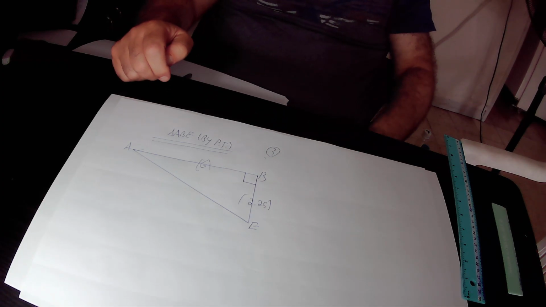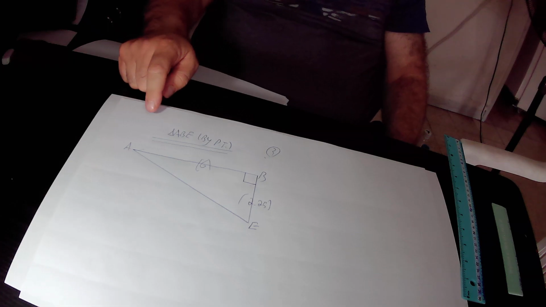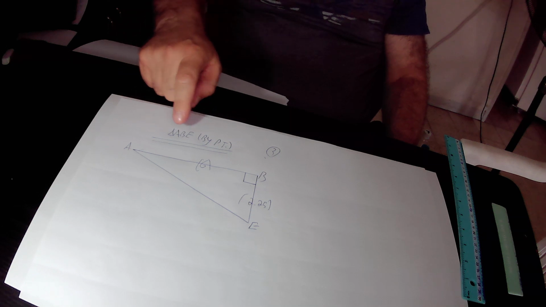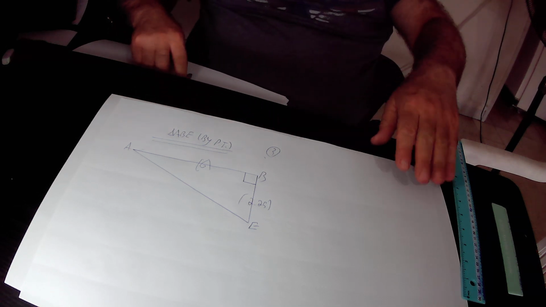According to the Pythagoras theorem, in any right triangle, the square of the hypotenuse equals the sum of the squares of the perpendiculars. The hypotenuse of this right triangle ABE is AE, therefore the square of the hypotenuse is AE square, and it must be equal to AB square plus BE square. So I write it down.